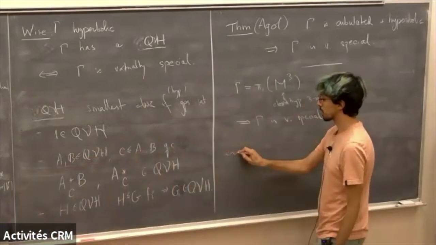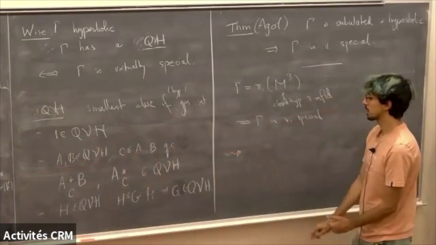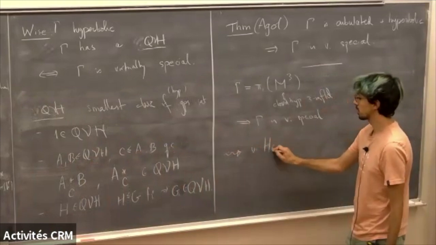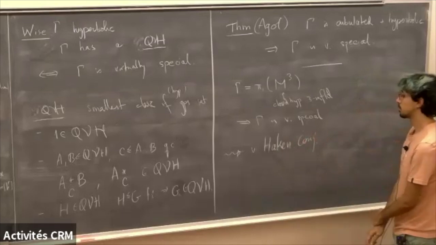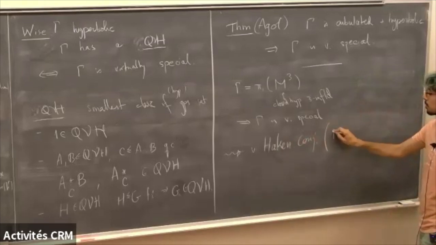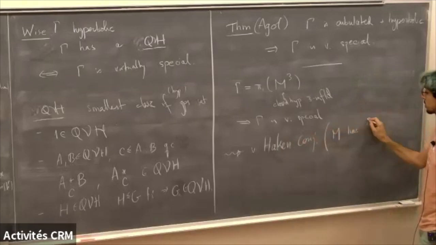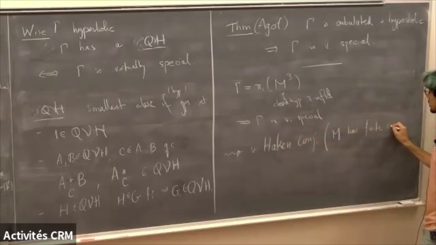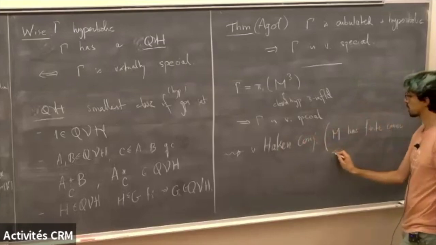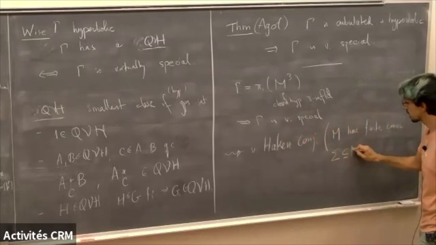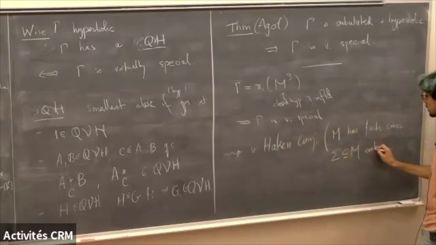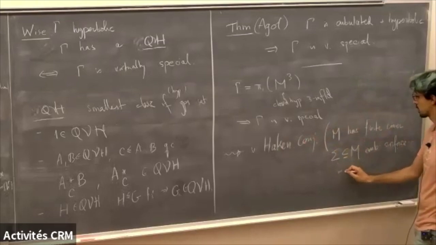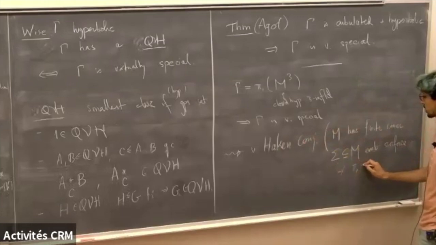So from this, one can get what's called the virtual Haken conjecture. What does it mean? It means that M has a finite cover which has an embedded surface which is pi1 injective.